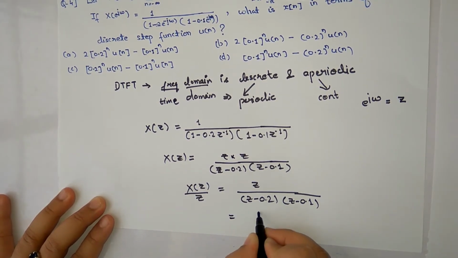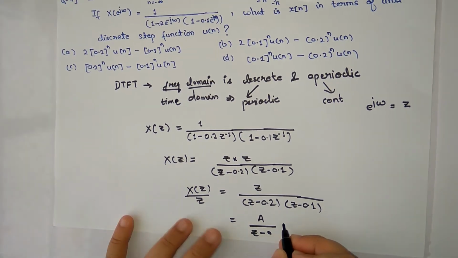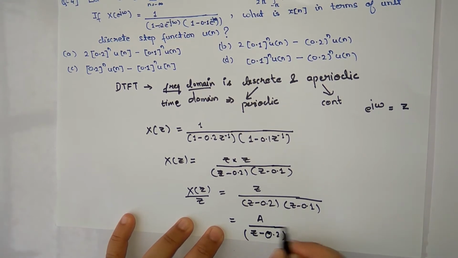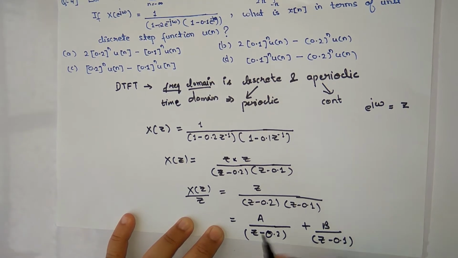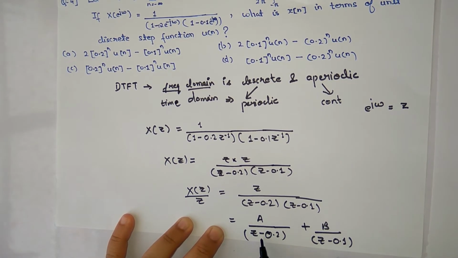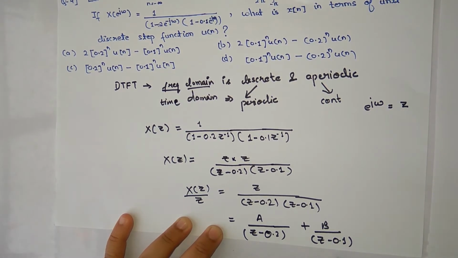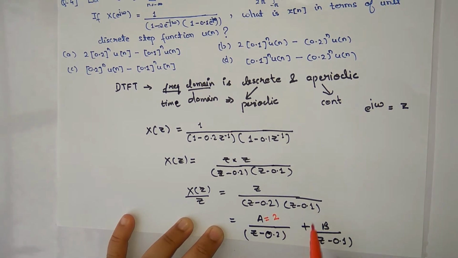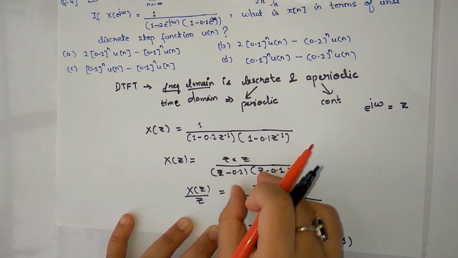Now take the partial fraction. It will be some constant A upon (z minus 0.2) plus B upon (z minus 0.1), and calculating A and B is very simple. If you want to calculate A, put z equal to 0.2 in this, so 0.2 upon 0.2 minus 0.1, that will be 2. So A comes out to be 2, and similarly to calculate B, put z equal to 0.1 in this equation, barring this term, we have to put it in this one.